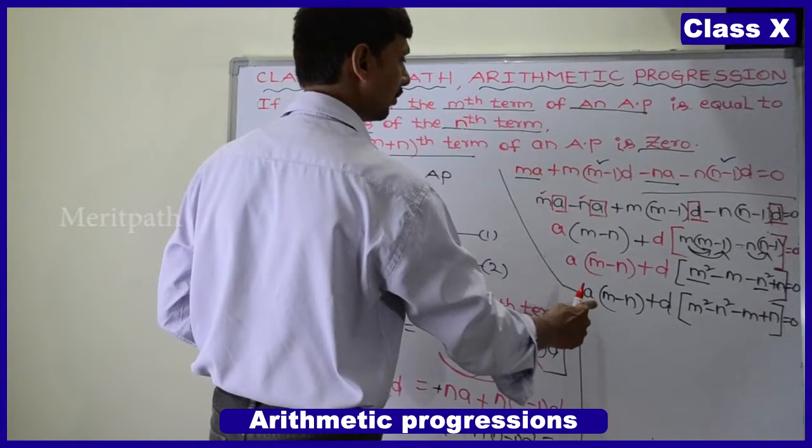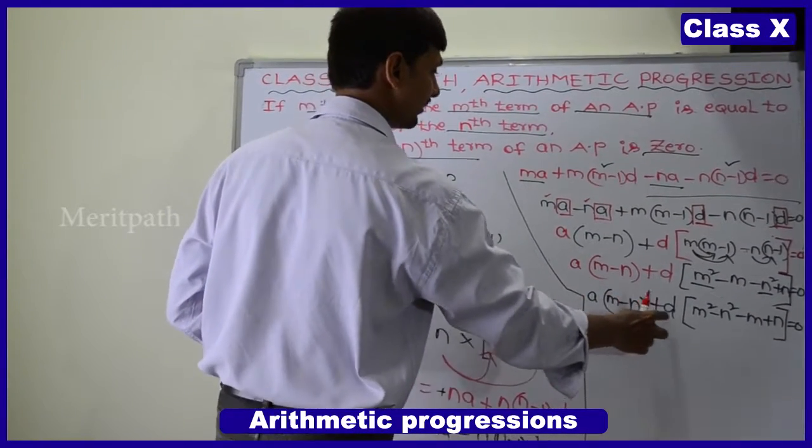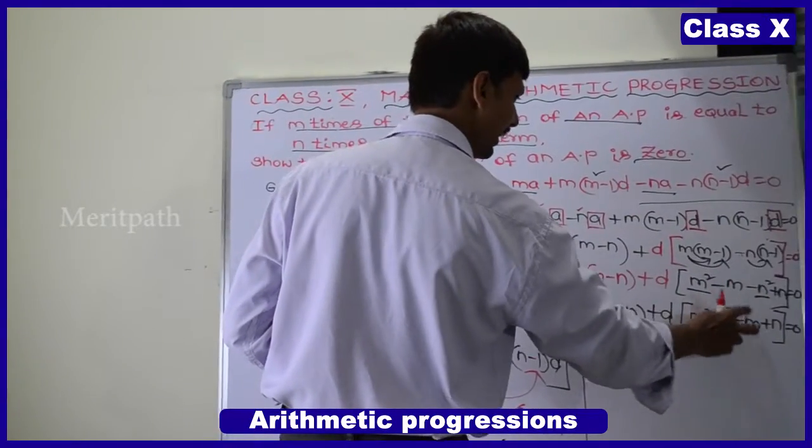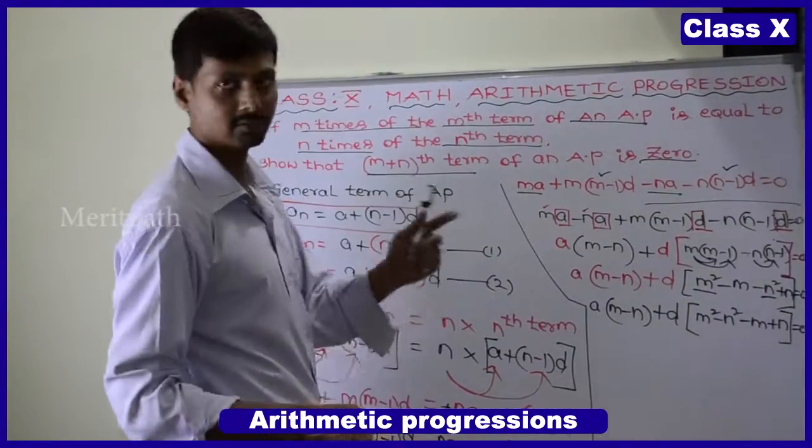So after taking the common, A into M minus N plus D into M square minus N square minus M plus N we got equals to 0.